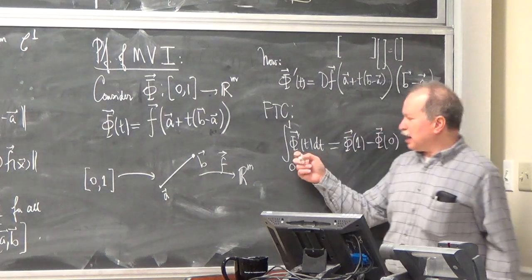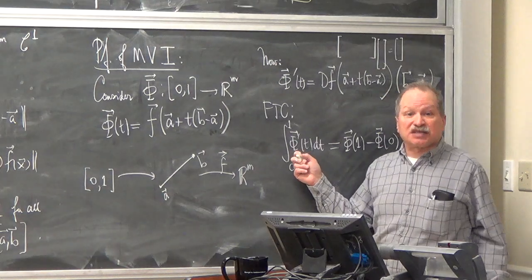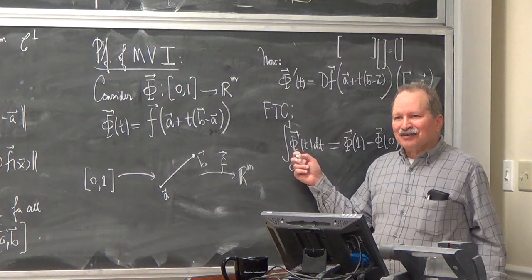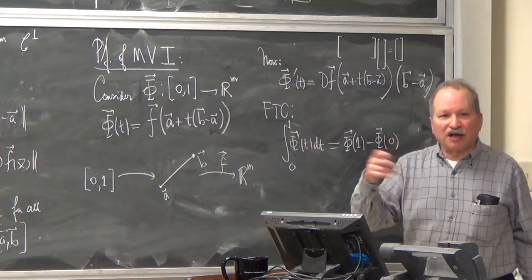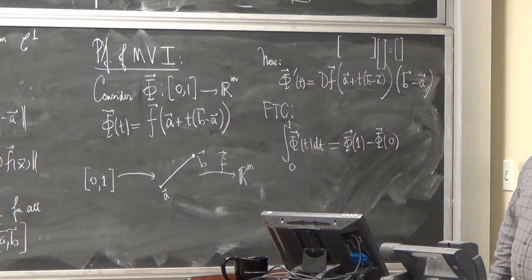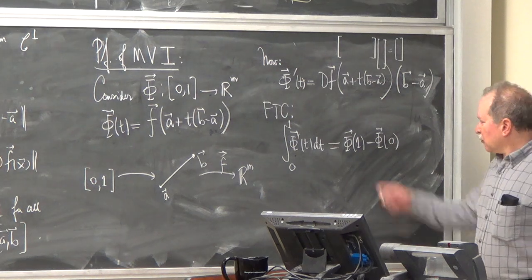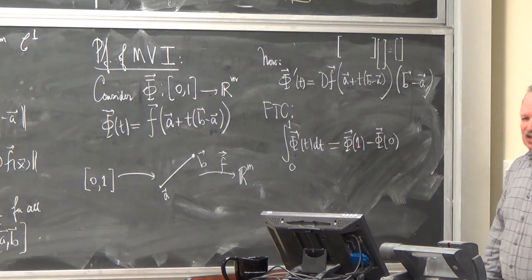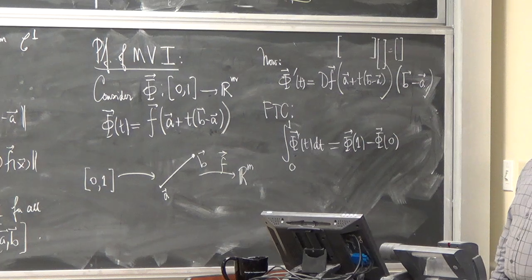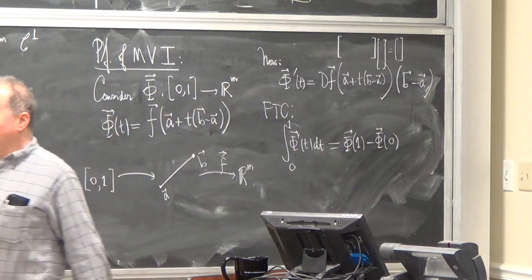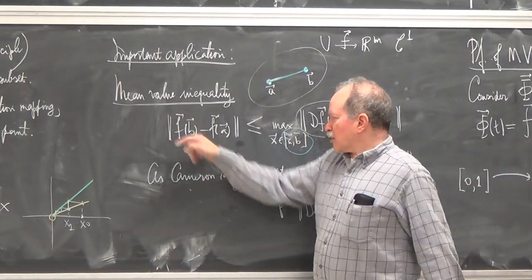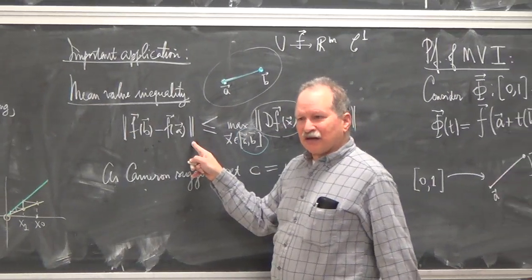So remember, when I integrate a vector, like integrating velocity, you get change in position, and you can think of that as integrating component by component. Is that okay? So phi of 1 minus phi of 0 happens to be, without the bars, f of b minus f of a.